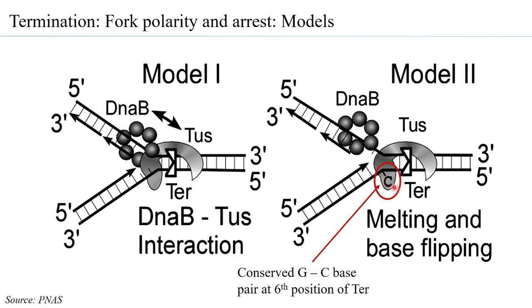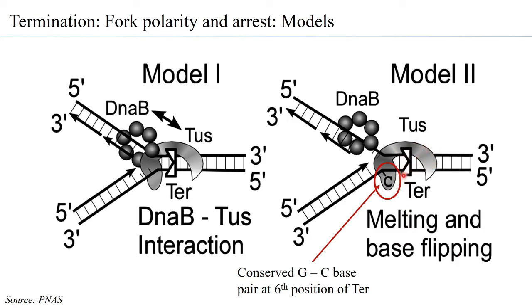flipped C. So what is suggested over here is that the flipped C happens because of melting. Who carries out the melting? It is the DnaB that has carried out the melting. But this C flips out and the flipped base binds to TUS. So effectively, the Ter-Tus interaction strengthens, or the association is going to be very strong.